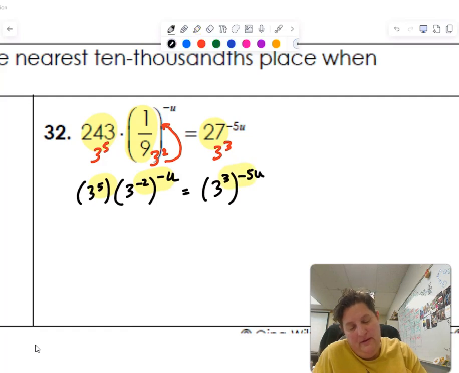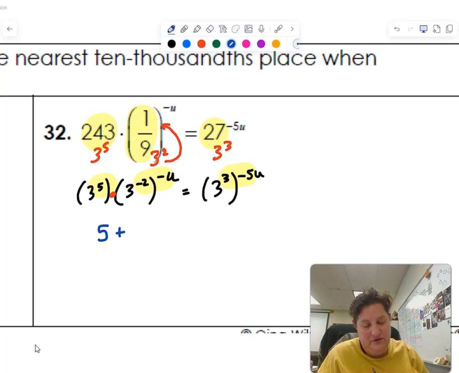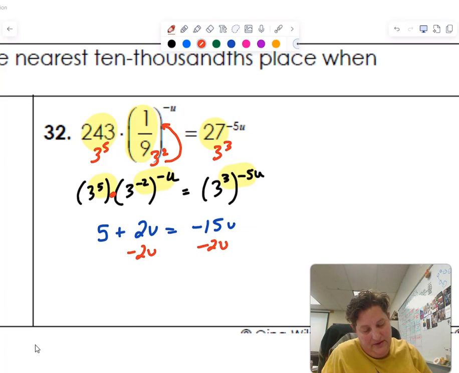All right. Let's see, we're going to take 5 plus, because it's times right here, I'm adding the exponents, okay? Negative 2 times negative u is just 2u equals negative 15u. All right, I'm going to subtract the 2u to the other side. 5 equals negative 17u.